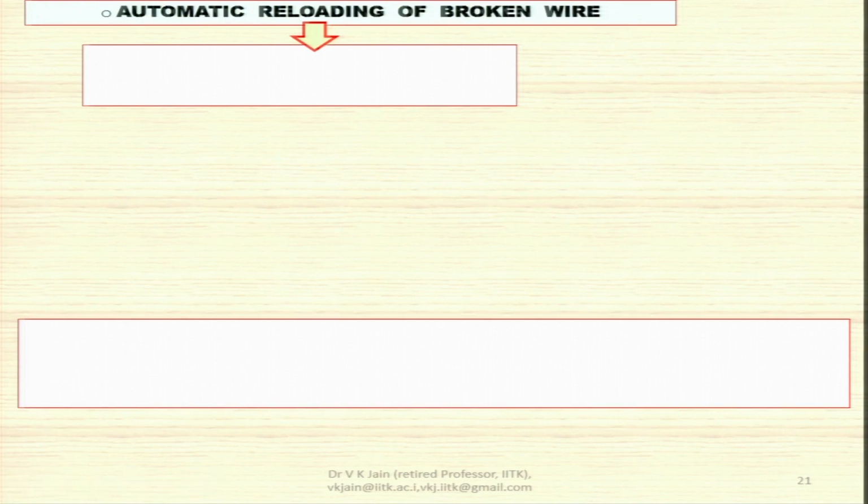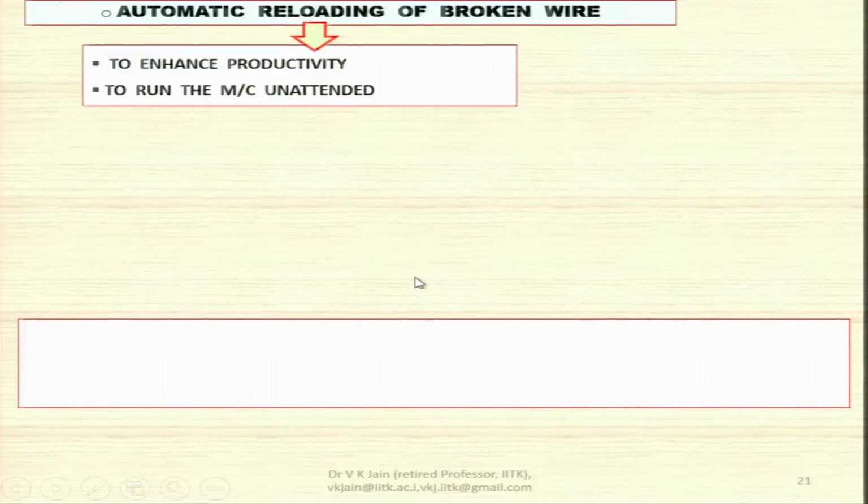Automatic reloading of broken wire. To enhance productivity, there are devices which automatically reload the broken wire onto the pulley. This lets the machine run unattended, because in many countries people start the machine in the evening, go home, and it keeps running.